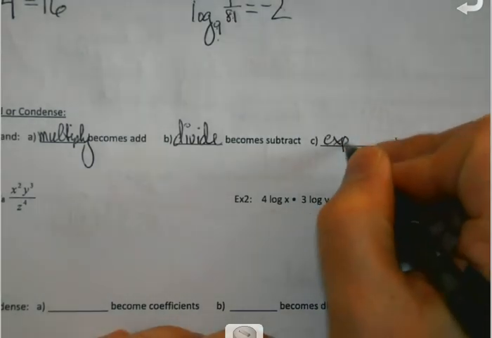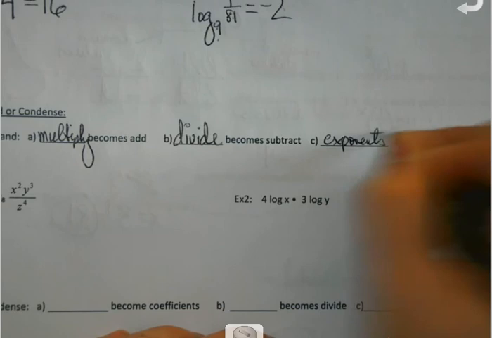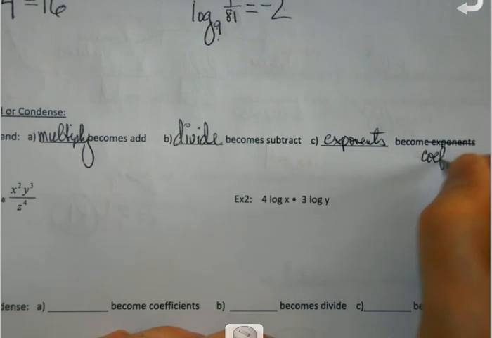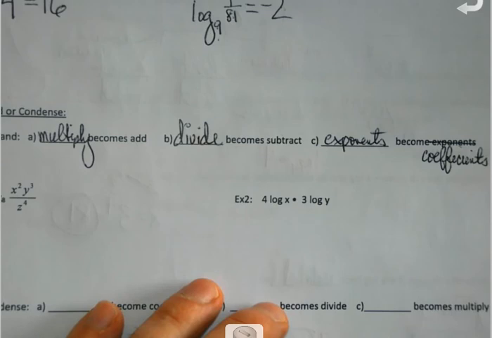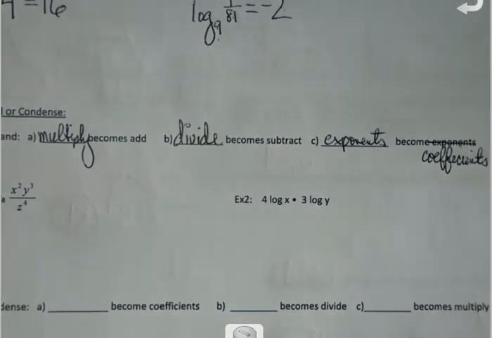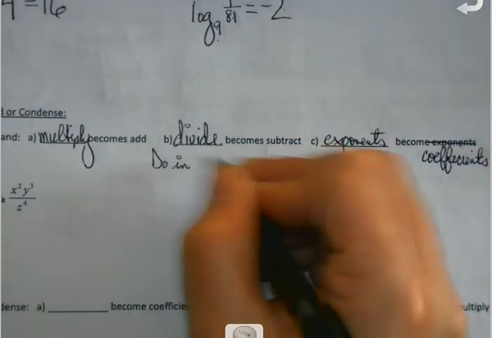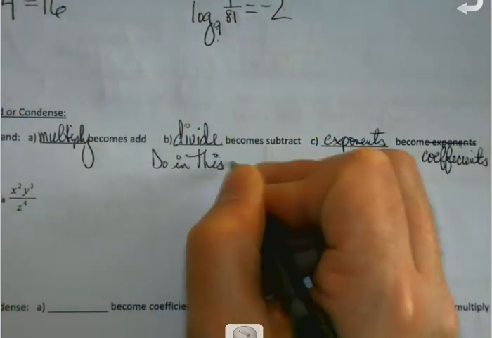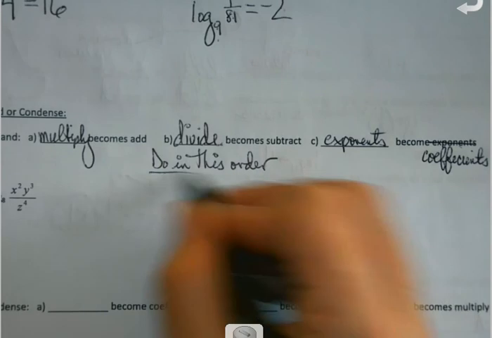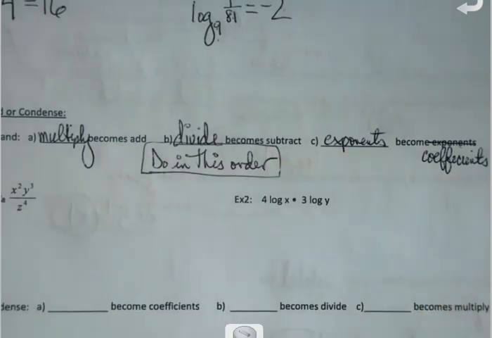And exponents become coefficients. I mix these up on my condense and my expand here. And one thing that I kind of like to stress to make this easier is that you really should do these in the order that I have them here. Multiply and divide are a little bit interchangeable, but doing the exponent part last will save you a lot of grief.